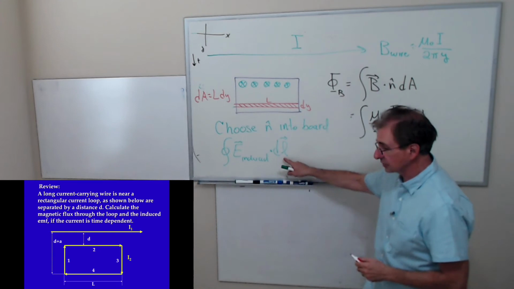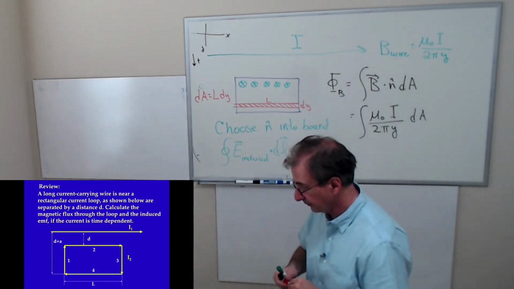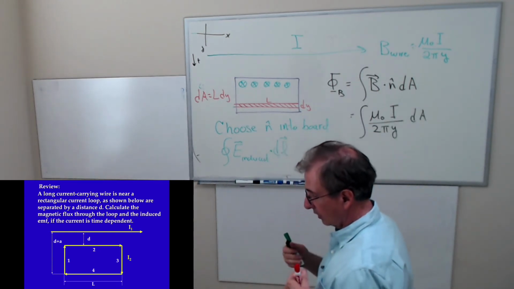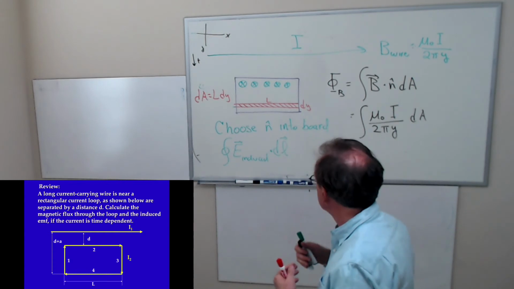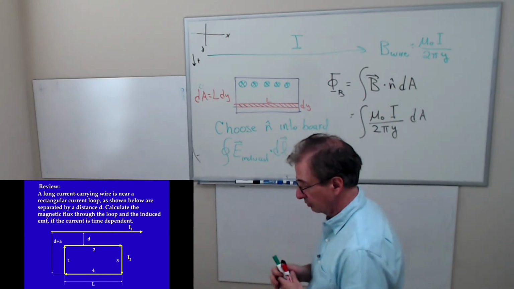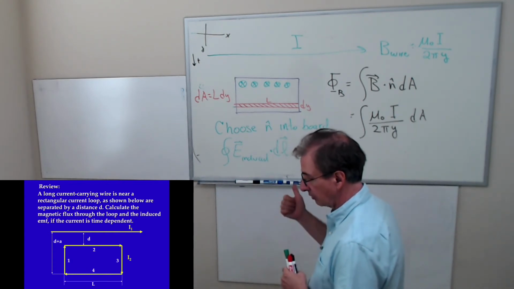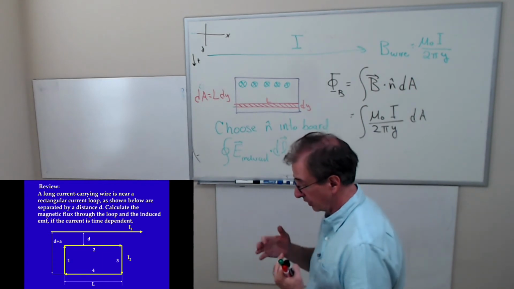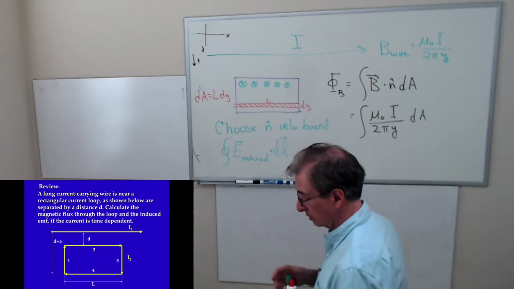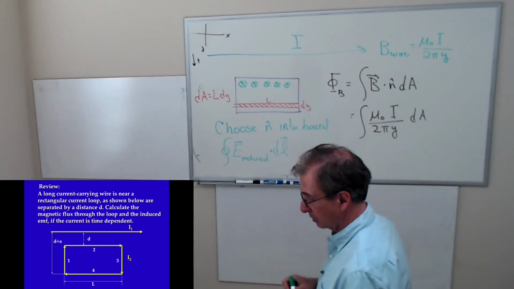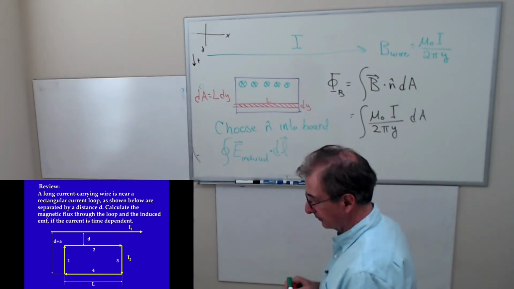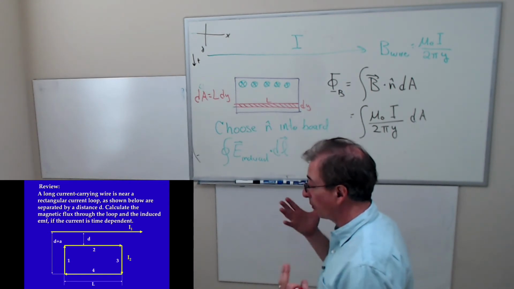Now, regarding this question, I can choose my normal to the loop either into the board or out of the board. Isn't that true? It's ambiguous. Right, Morgan? Because it's an open surface.